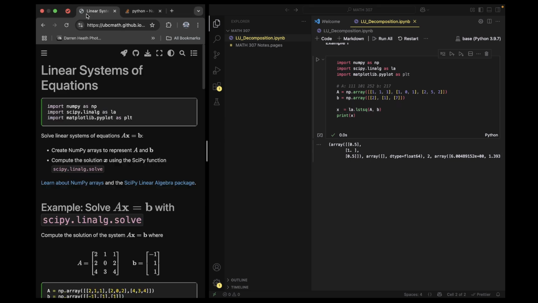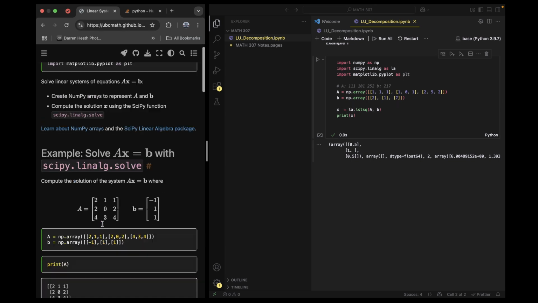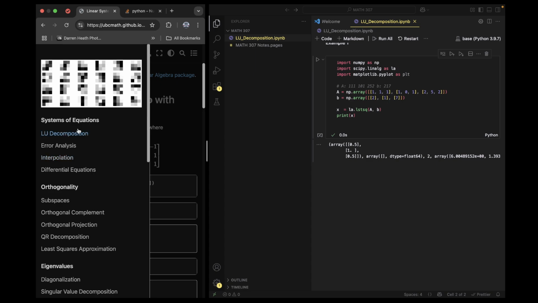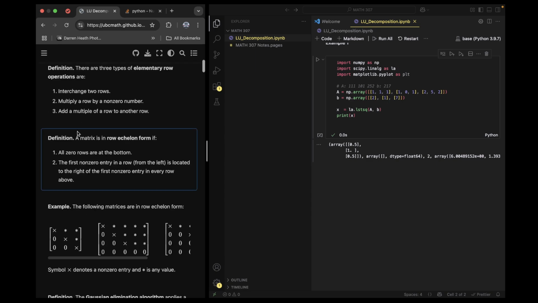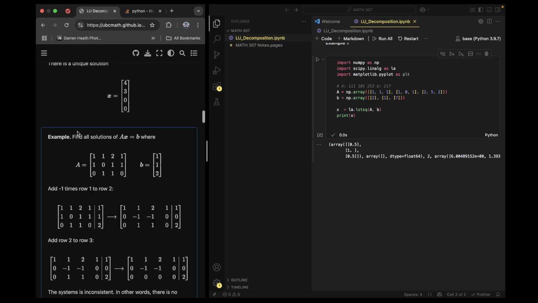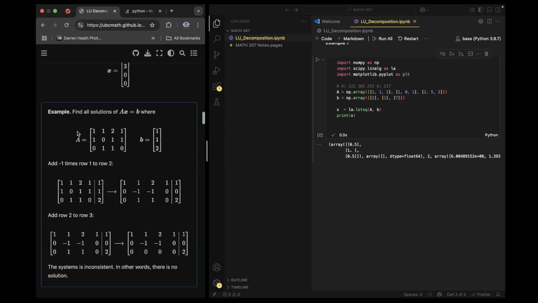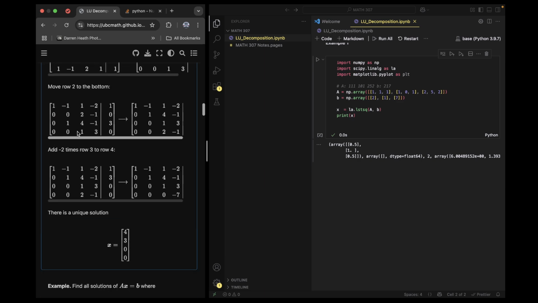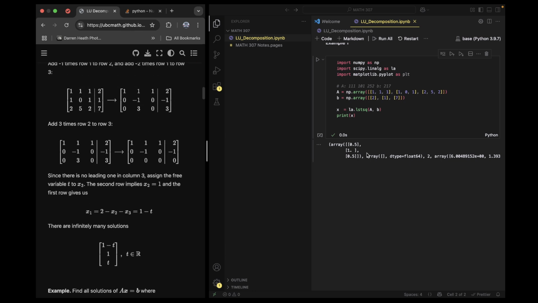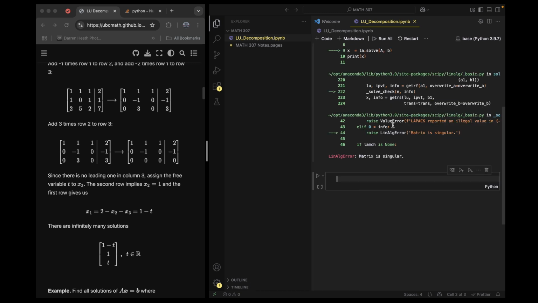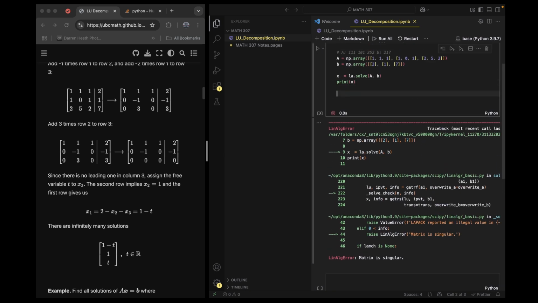It's least squares. So if we go back to the first thing here. Yeah, I don't know what this is saying. Okay, run, matrix is singular.